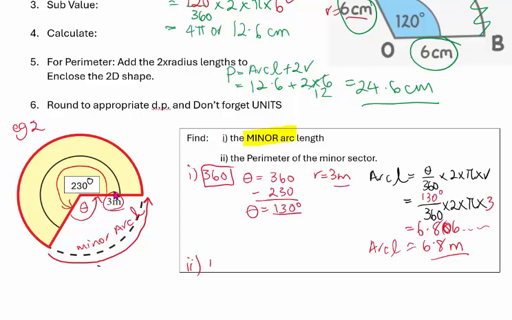Now I need the perimeter, which equals the arc length plus 2 times the radius. So we've got 6.8 plus 2 times 3, which is 6. So now we get 12.8 meters. I hope this will help with your calculations.